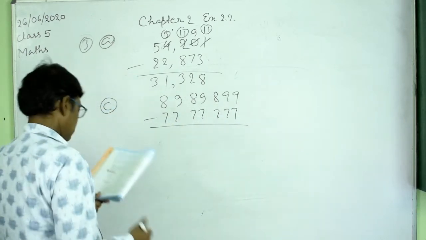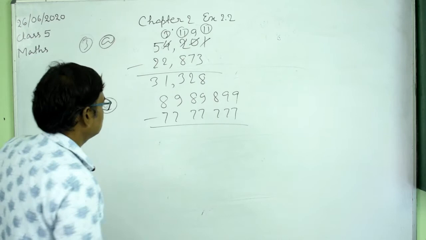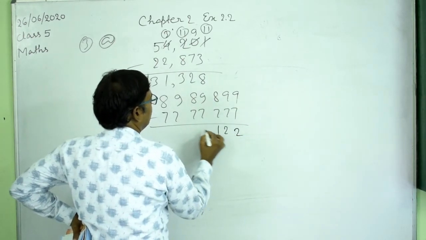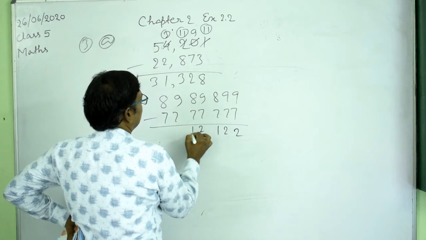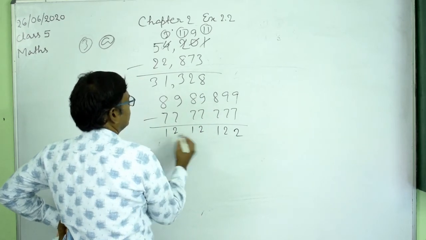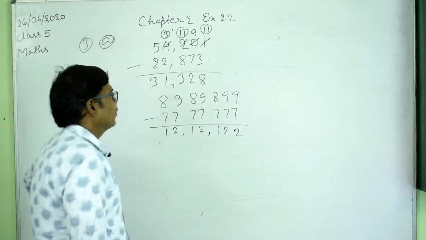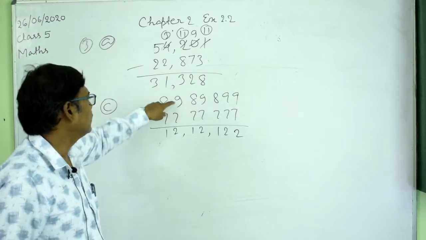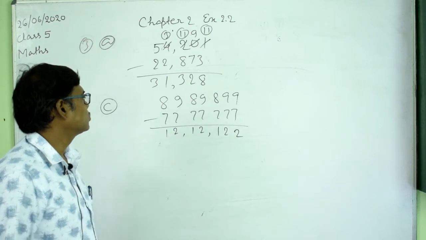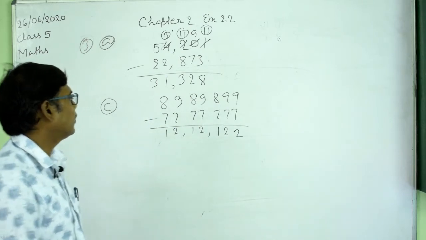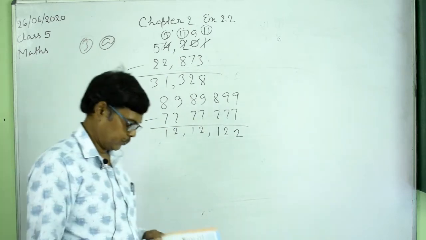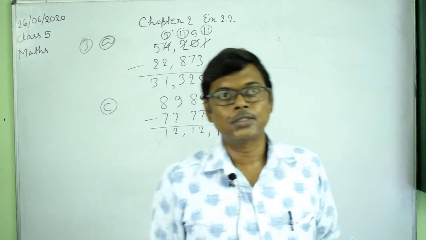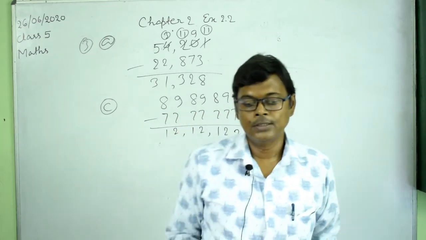So this answer, and it is very easy because now 9 minus 7 is 2, 9 minus 7, 2, 9 minus 2 again, 8 minus 7 is 1, and 9 minus 7, 2, 8 minus 7, 1. So the answer is 12,122.